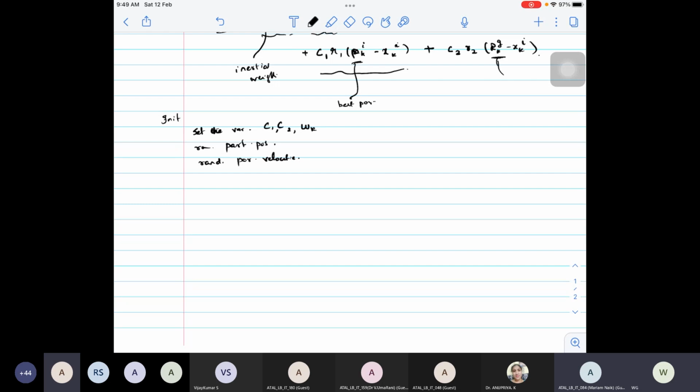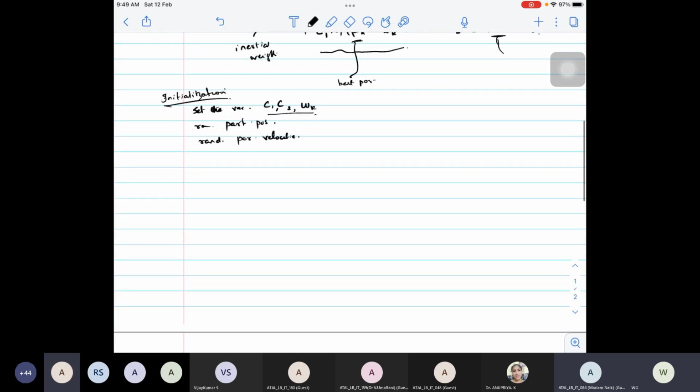So now these are some of the constants, and these are initialized. So you have an initialization step, right? In the initialization step, you initialize these variables, then you randomly initialize the particle positions and the velocities.